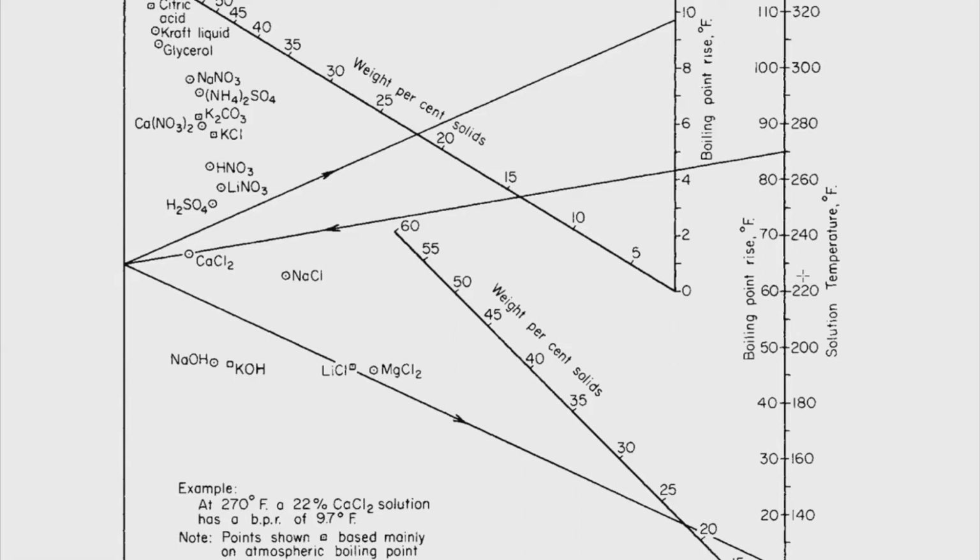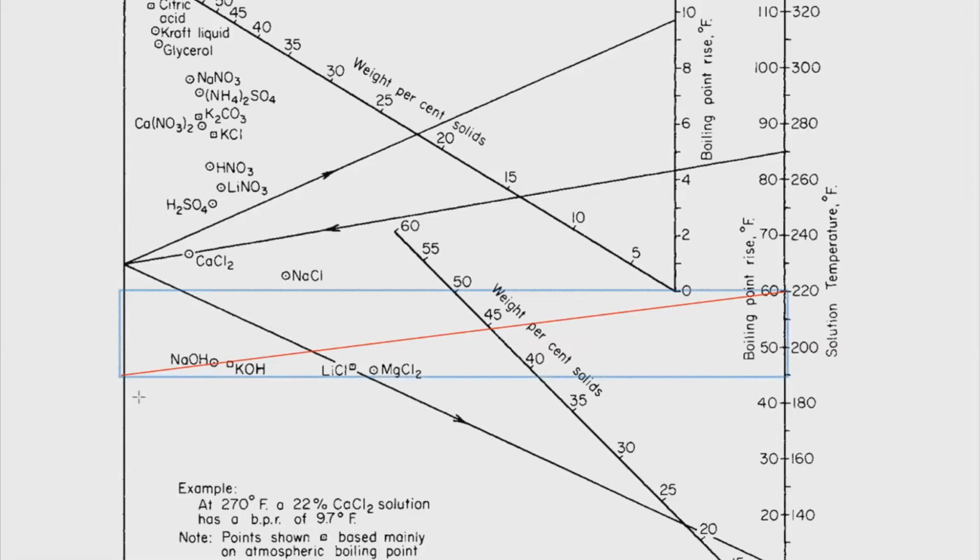In that case, the assumed boiling point rise is 8. So we start with 220. We project this to sodium hydroxide, and then we go to its final percentage. So that's 40%. And as you can see here, I'll be going beyond this line.